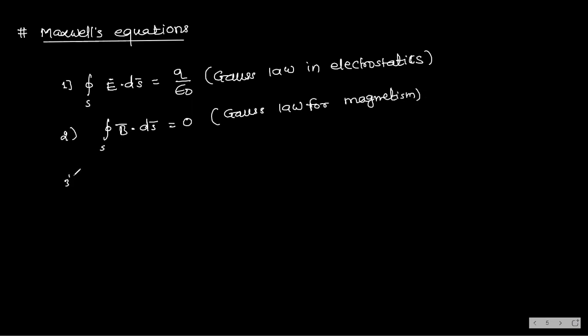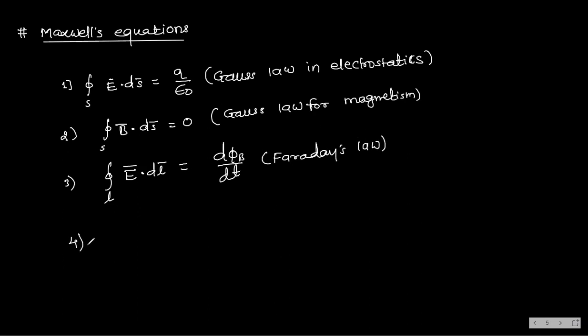Next one, the closed line integral of E bar dot dl bar is equal to minus d phi by dt. This is Faraday's law.